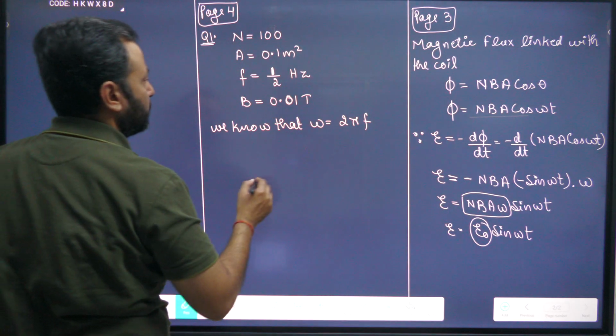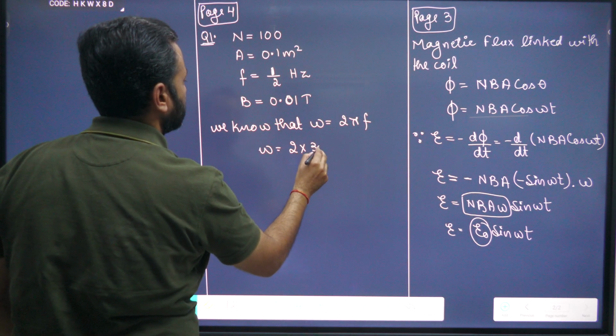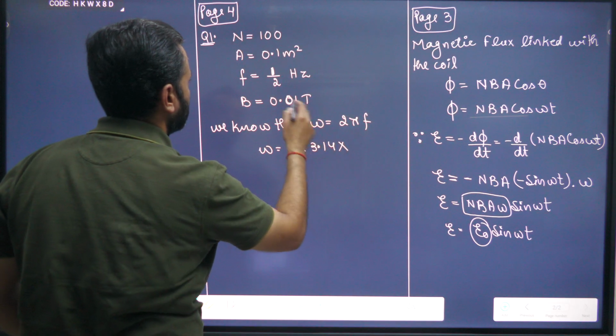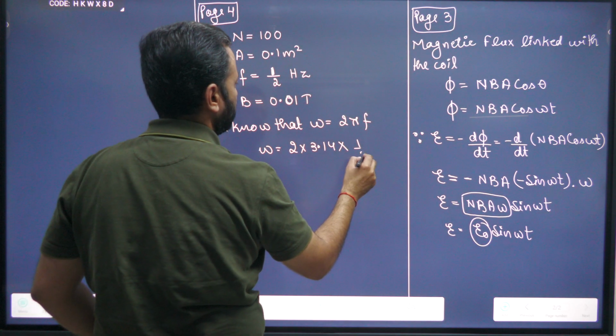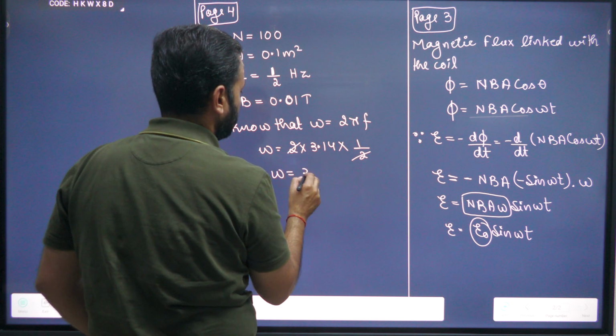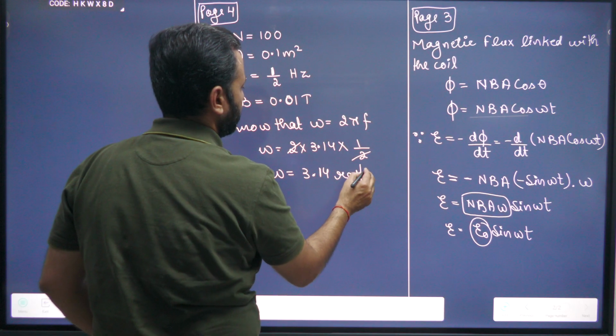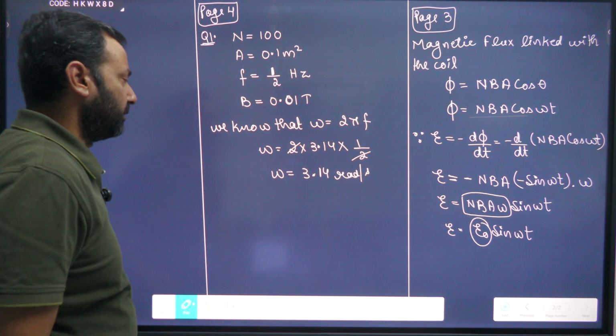So omega is equal to 2 into 3.14 into f, which is 1 upon 2. So 2 will cancel out this 2. So omega is equal to 3.14 radian per second. The unit of omega is radian per second.